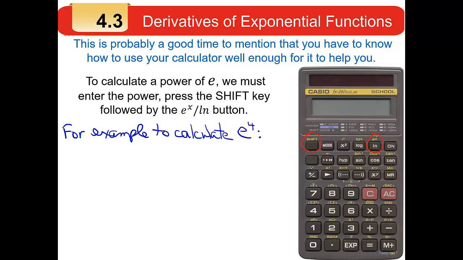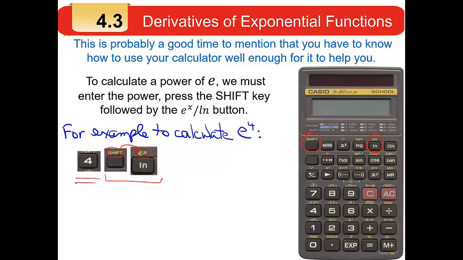So, for instance, if I wanted to calculate e to the 4th, you'd put the exponent, the power, in first, the 4. I always do that first, and then do shift ln. And we're going to talk about ln. It's a natural log, and you've studied it in earlier algebra courses. But the shift part, when you hit shift, it executes the function above the key.